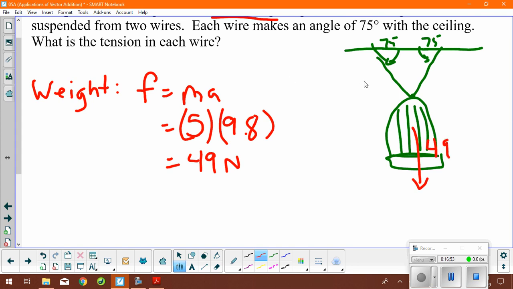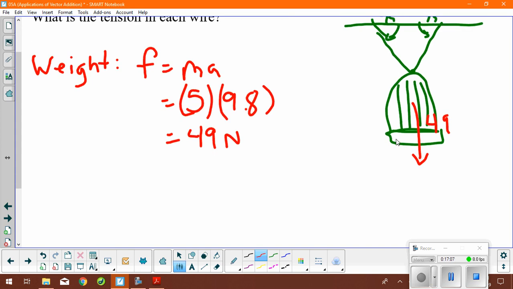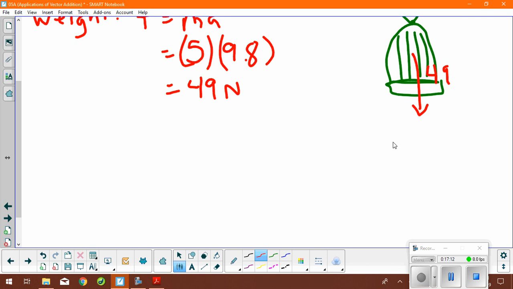So now we're going to redraw our diagram to show just the forces at work. Because the idea is, these two tensions that are pulling up on the birdcage have to balance the force of gravity pulling down on the birdcage. Or basically the net effect is 0, so they don't move. So the way we structure this is I'm going to start again with that force of gravity.